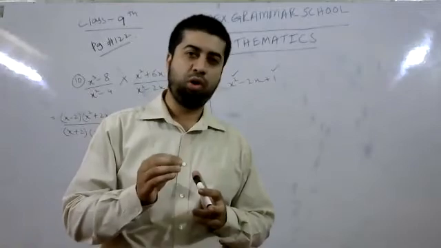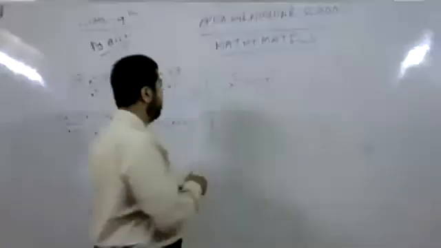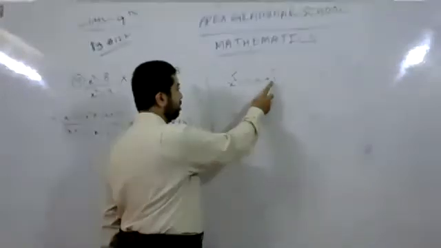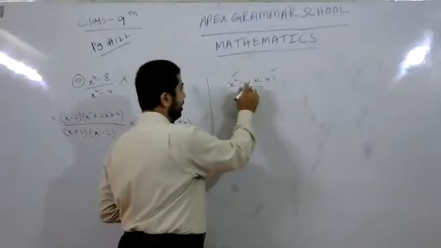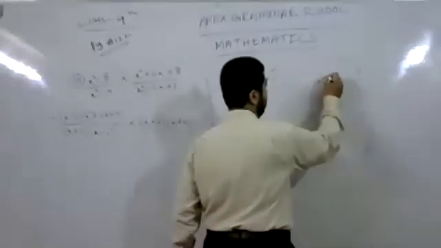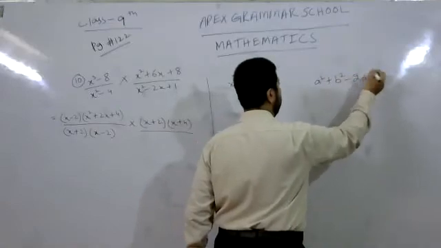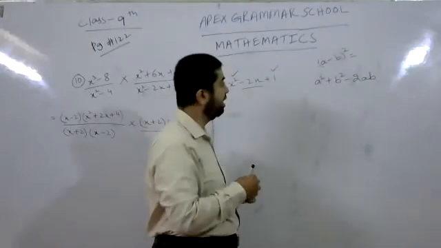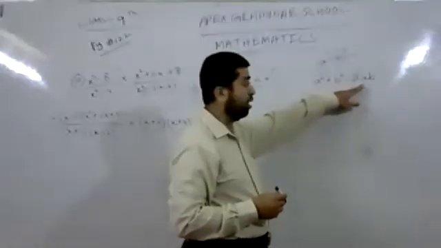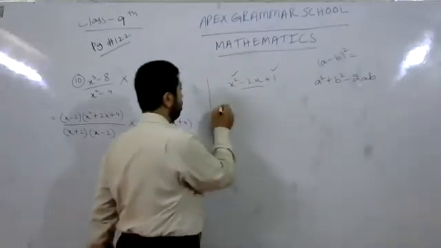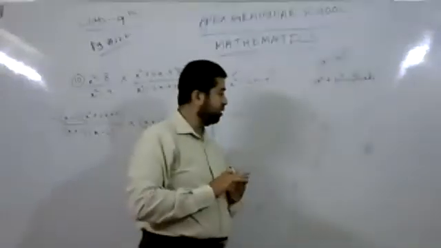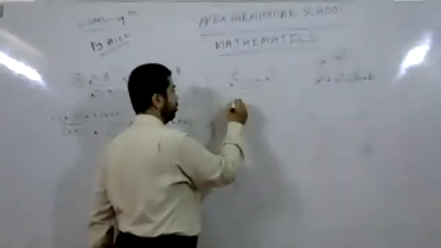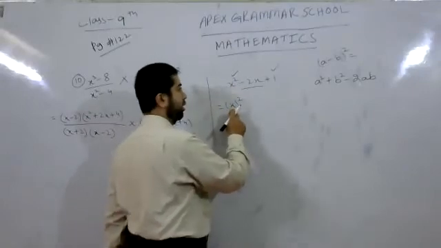So we can conclude, is this some type of formula or not? You can see that this sign is positive, this is also positive, and this is negative. So it is an a square plus b square minus 2ab type of formula, because it contains this expression with a negative sign. So to confirm it, we need to find the positive squares. That is, first is x square, say it is a square.